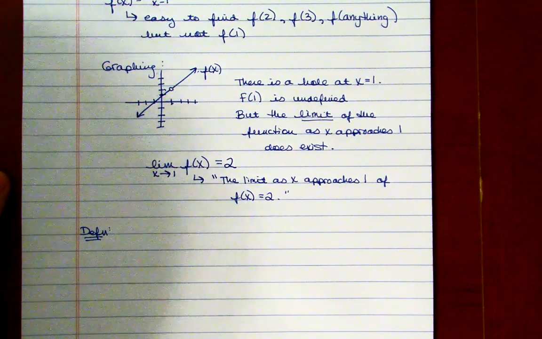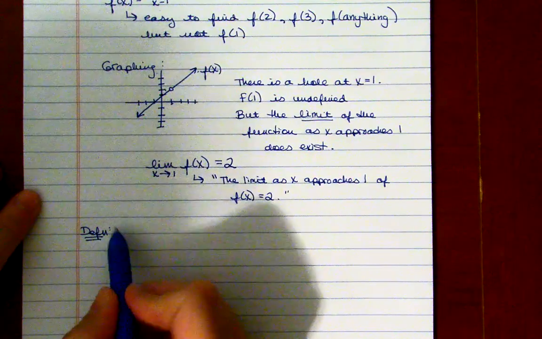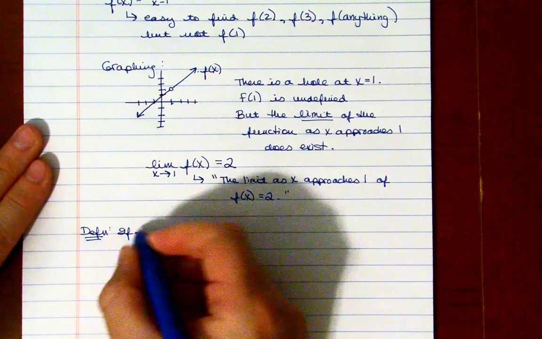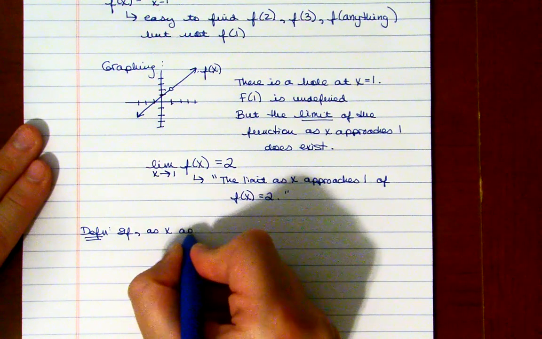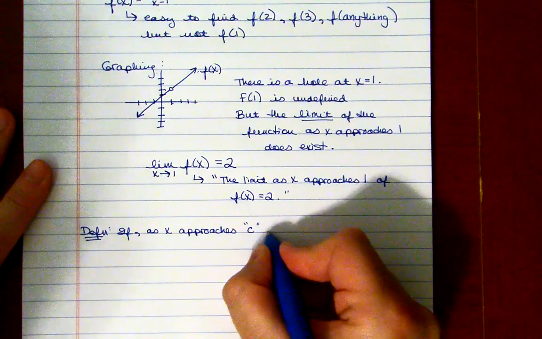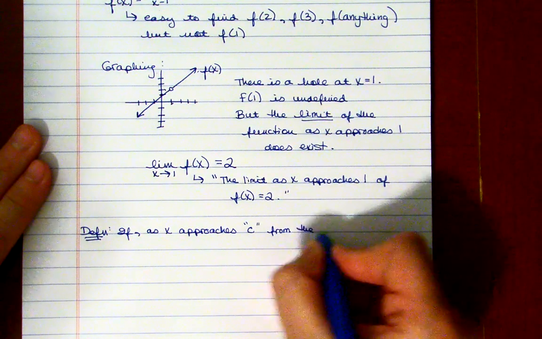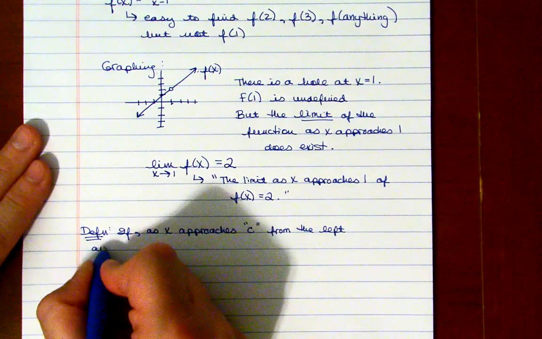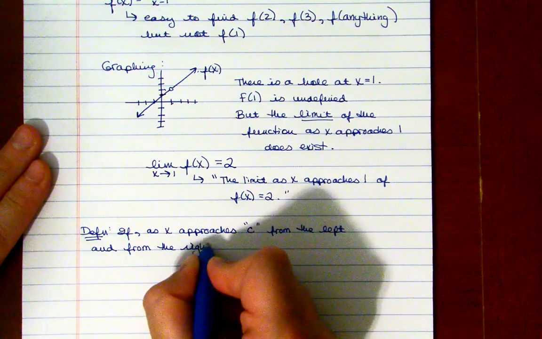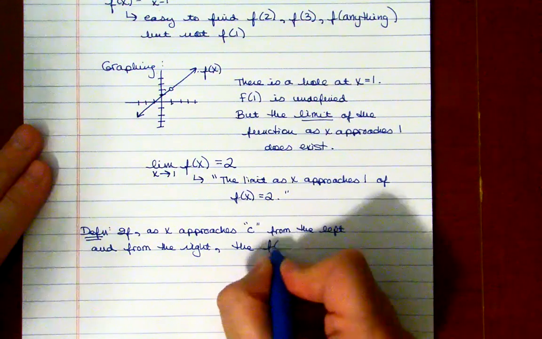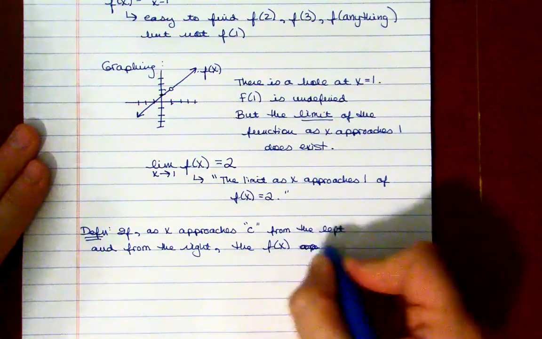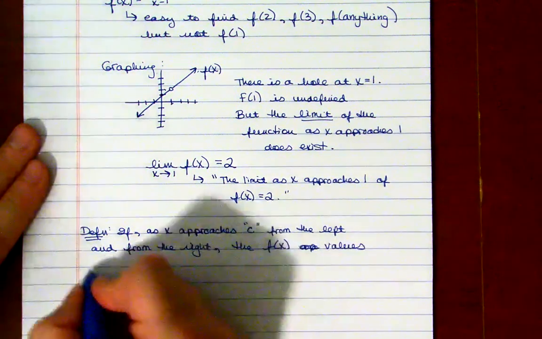If, as x approaches some particular value c, in this case I was approaching 1, from both directions, from the left and the right, the f of x values, or the y values, approach a single number, L.